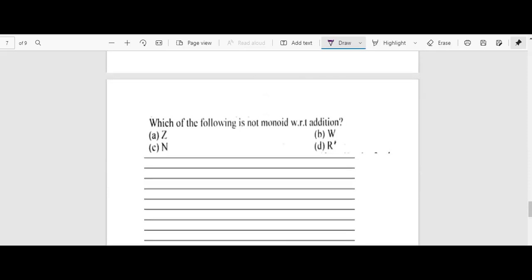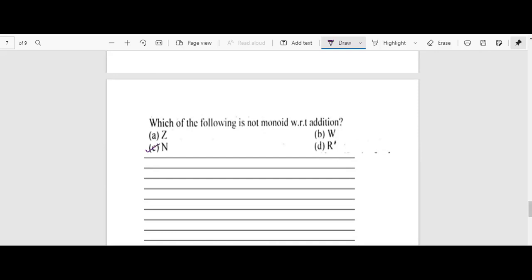Okay, so the 10th question says, which of the following is not a monoid with respect to addition? For a monoid, it should satisfy the associative property, the binary operation should be closed, and we should have the identity element, right? So far, we have been discussing so many questions that by now we know that natural numbers do not have 0. So if natural numbers do not have 0, it clearly means that we do not have the additive identity.